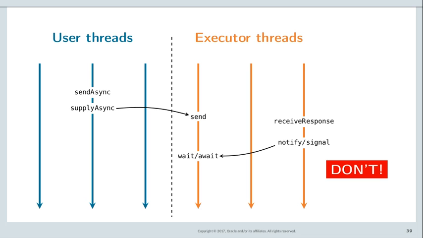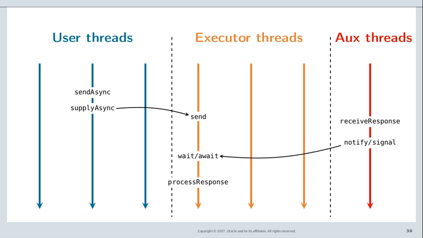Why? What if all threads from our executor are blocked in a wait condition? We don't have a place to receive the response and process it. Properly we need some auxiliary threads which aren't controlled by the end user. I'll call them sometimes very important threads, and our API executes them and provides all required stuff.